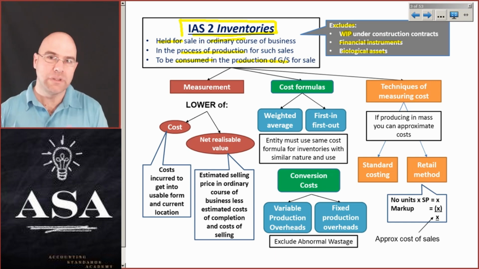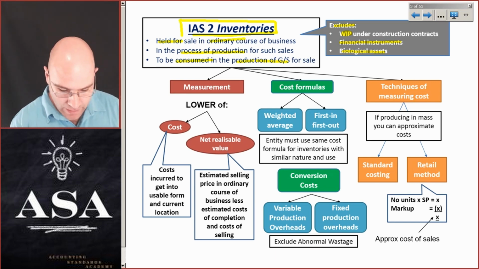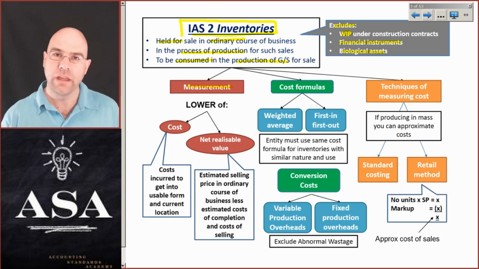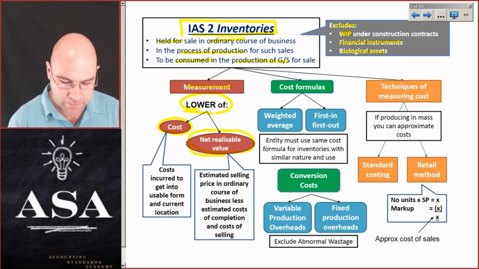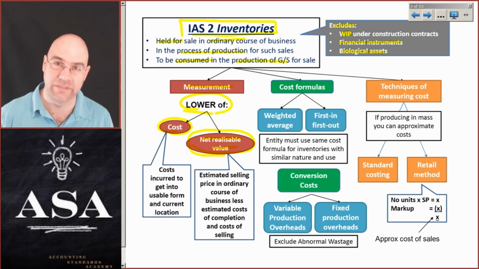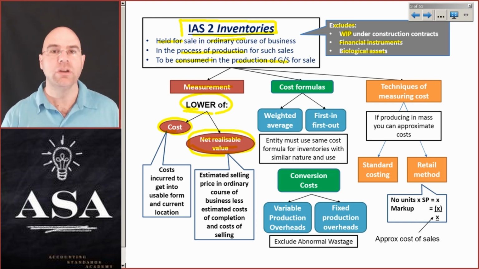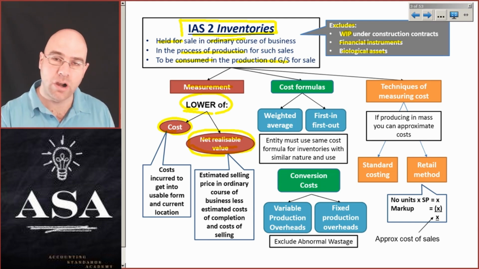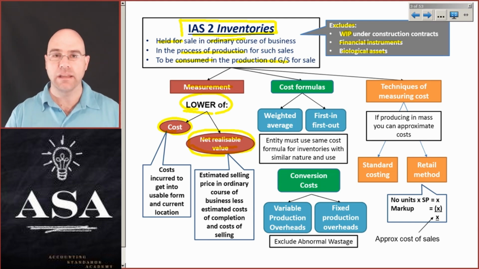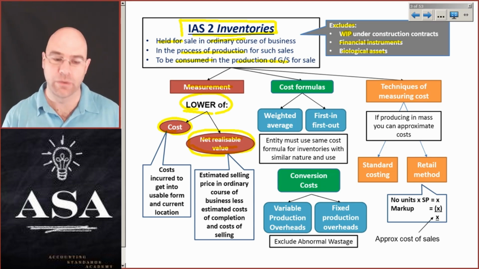So, we now understand what an inventory item is. On the measurement of inventory, the common phrase here is lower of cost or NRV, being the net realizable value. So we need to always consistently look at both the cost and the NRV and carry inventory at whichever is lowest.